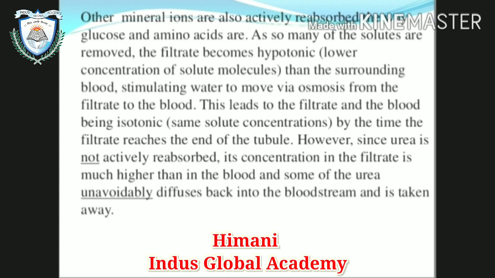As so many of the solutes are removed, the filtrate becomes hypotonic, which has a lower concentration of solute molecules than the surrounding bloodstream, stimulating water to move via osmosis from the filtrate to the blood. This leads to the filtrate and the blood being isotonic, having the same solute concentration, by the time the filtrate reaches the end of the tube.